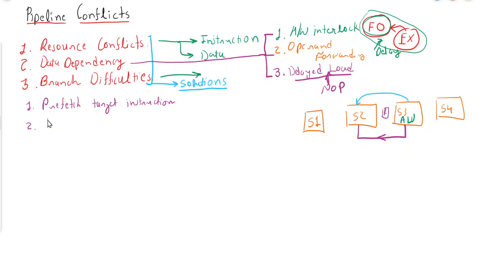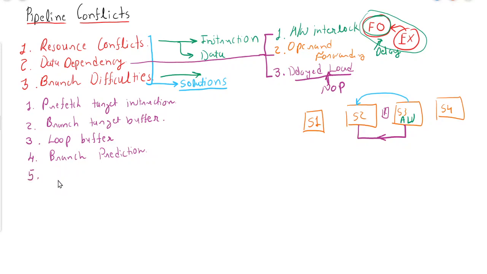Next solution, branch target buffer. Next solution, loop buffer. Next solution, branch prediction.